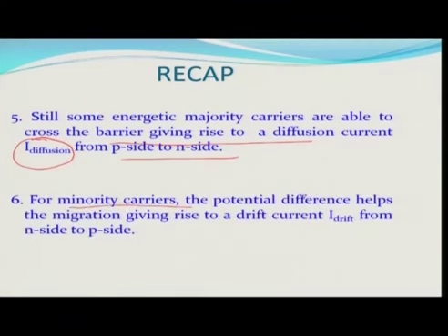For minority carriers, the potential difference helps in migration, and that gives rise to the drift current. The electric field drives this drift current, and because of the concentration difference there is a current, that is diffusion current. They are in opposite directions, and if you do not connect any battery, then the magnitudes of diffusion current and drift current are equal and there is no current across the junction.